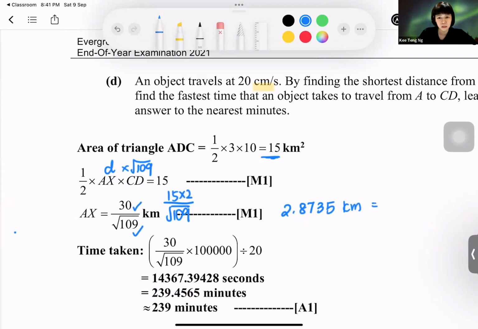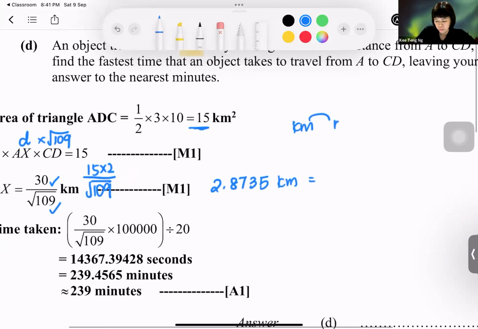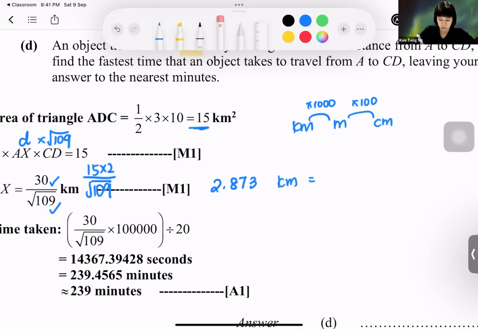Okay, and 1 kilometer, kilometer to meter to cm, 1,100. So I need to multiply this. I want a more exact figure. 2, 8, 7, 3, 4, 8.